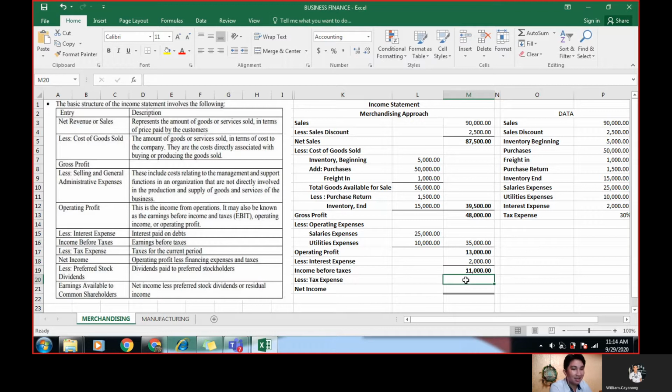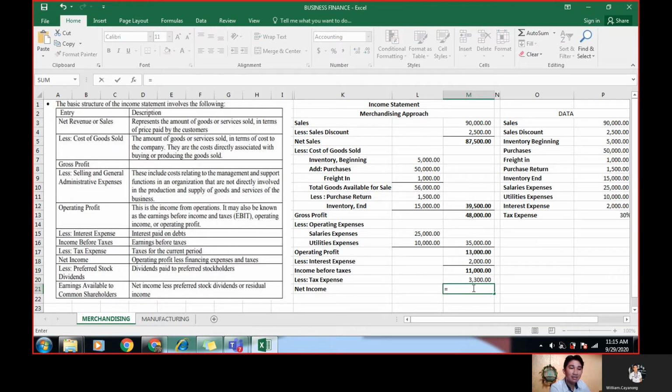Yan. So, to get your tax expense, put pa din formula, equal sign, click the 11,000. The tax rate is 30%. So, you have to multiply 11,000 by 30%. So, put multiplication sign, that is asterisk on your desktop or laptop, times 0.30, then press enter. So, the tax of 11,000 is 3,300.